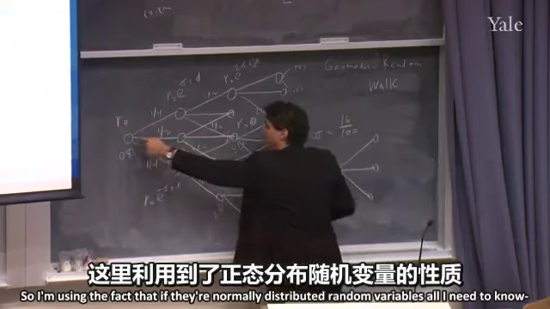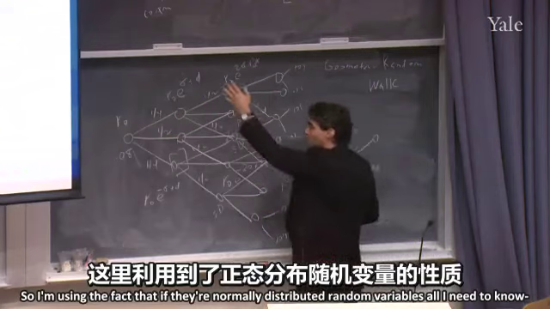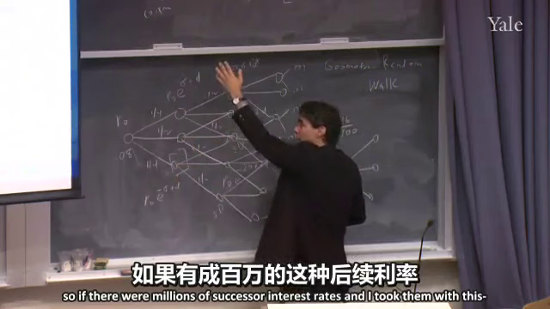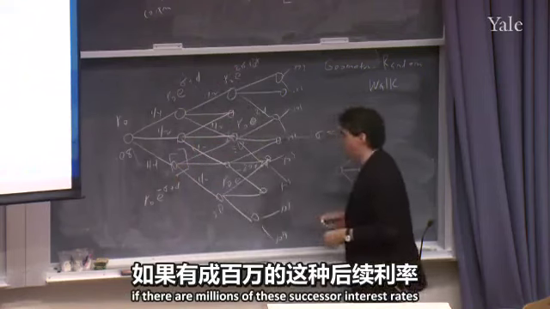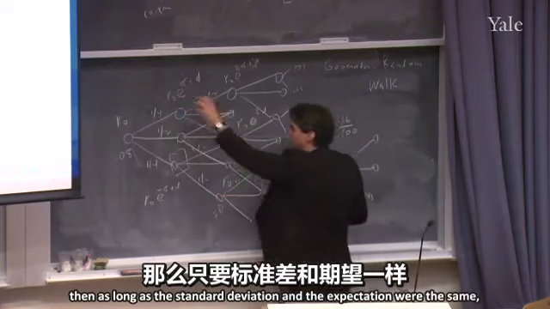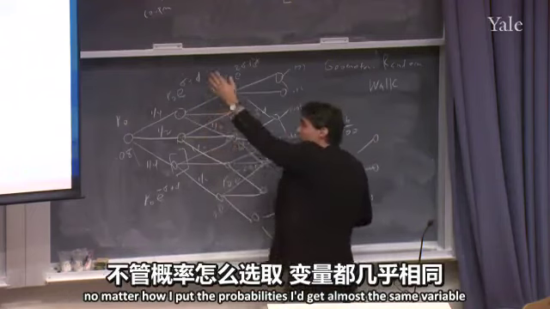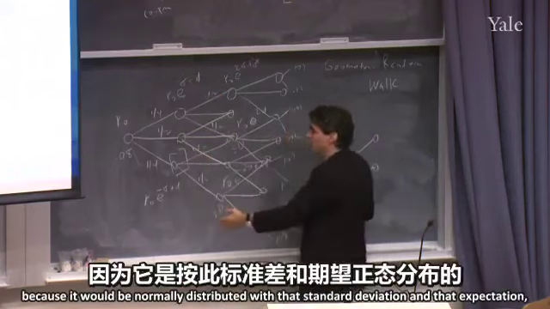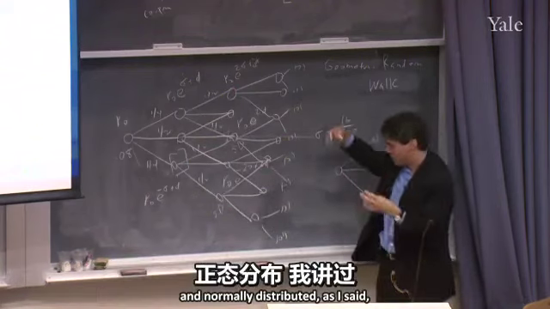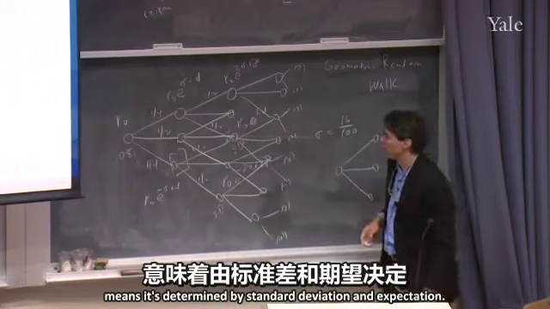I'm using the fact that for normally distributed random variables, if there were millions of successor interest rates, then as long as the standard deviation and the expectation were the same, no matter how I put the probabilities, I'd get almost the same variable, because normally distributed means it's determined by standard deviation and expectation.